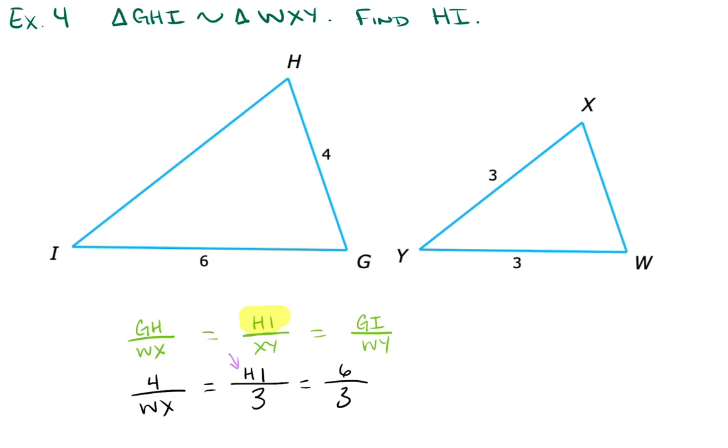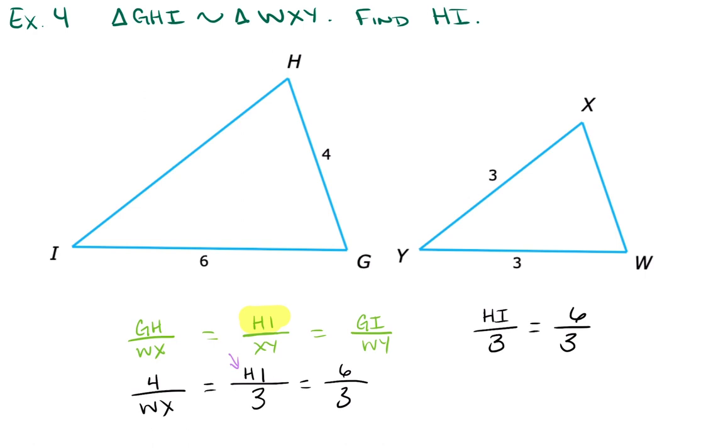I want one of my fractions to have the HI that I need, and the other fraction to be any of the other fractions that I have both values for. The first fraction, I have 4 over WX. I don't have both values, so for the sake of this proportion, I don't want to use it. Instead, I'm going to use 6 over 3. And I'm going to say that whatever the value of HI is, it's going to be equal to it, these 2 fractions being the same. Okay?